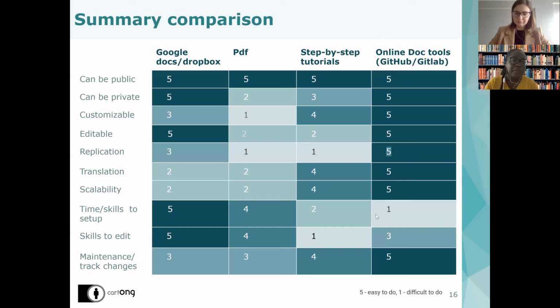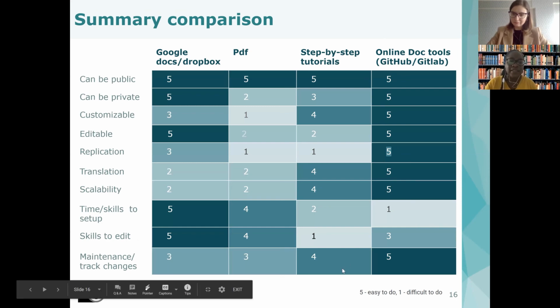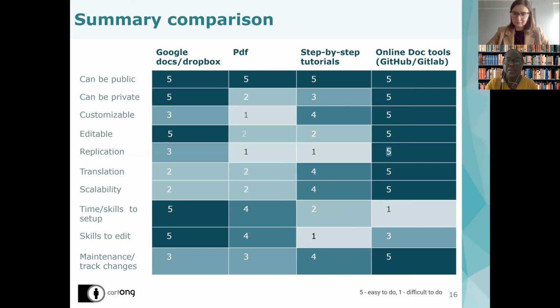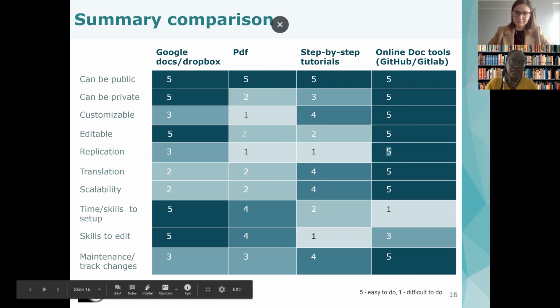When it comes to translation and having the translation interface integrated within the documentation, online tools are able to do this, as compared to Google Docs, where you'll need two versions of the documentation, or various versions depending on the language your users use.